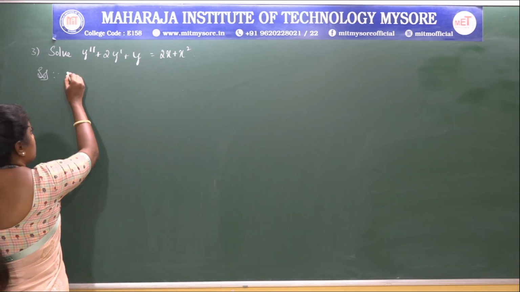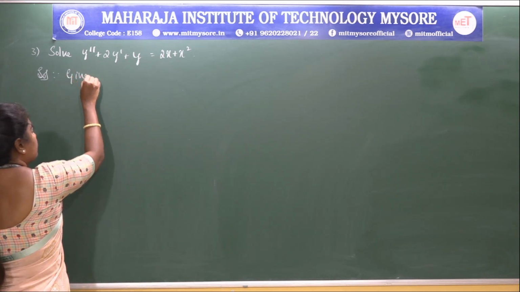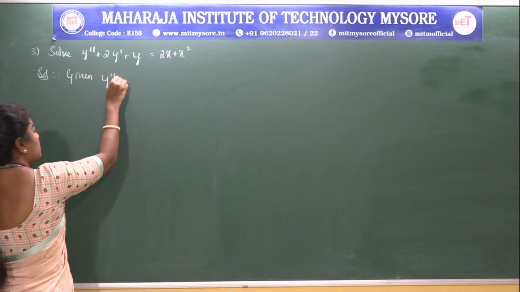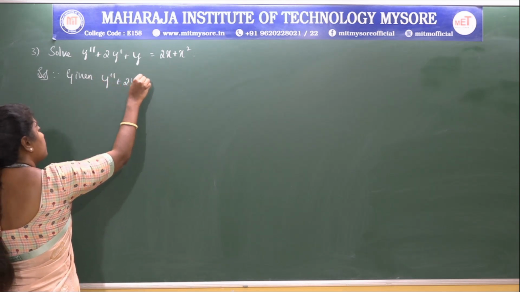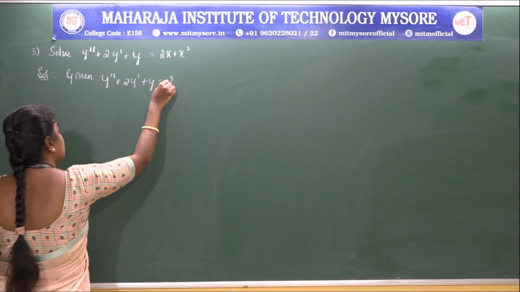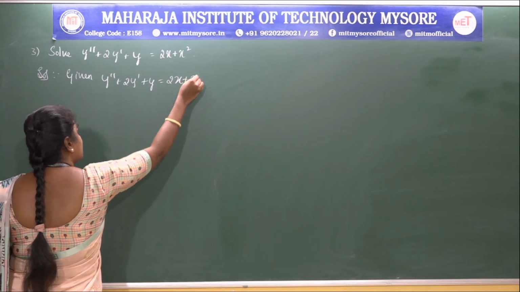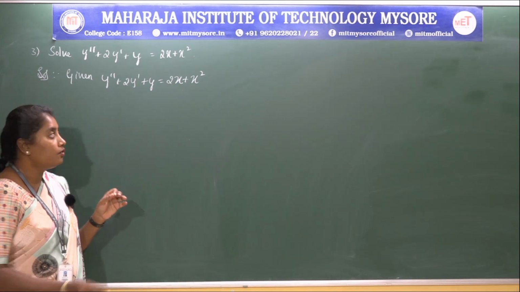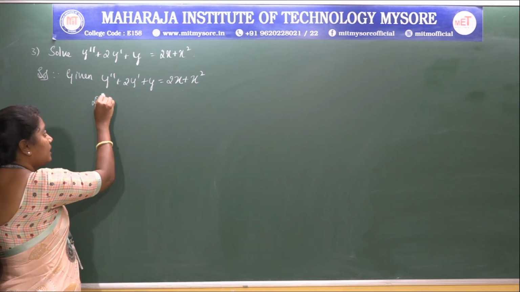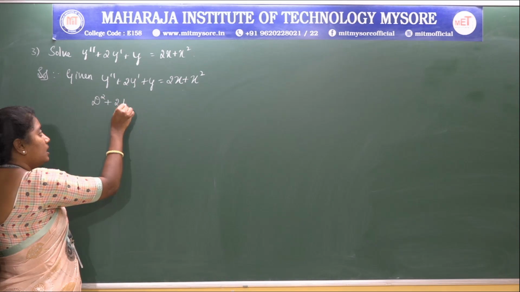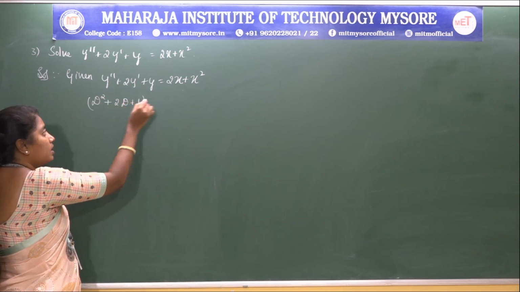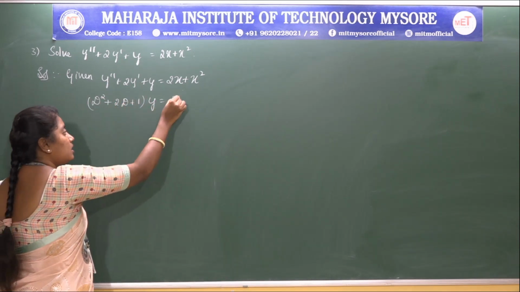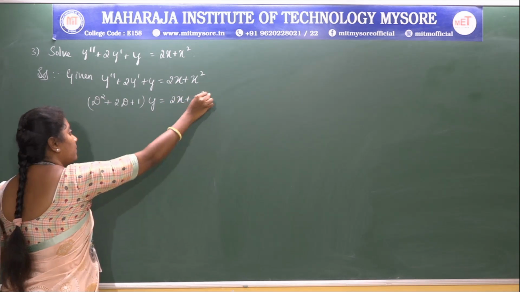So the given equation is y double dash plus 2y dash plus y is equal to 2x plus x square. Let us write this equation in differential operator form, that is D square plus 2D plus 1 of y is equal to 2x plus x square.